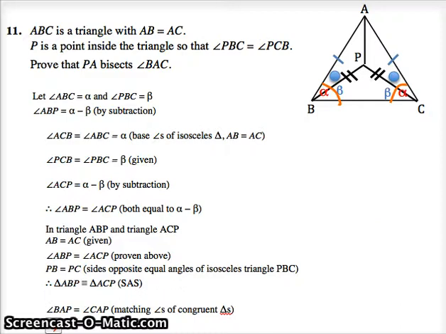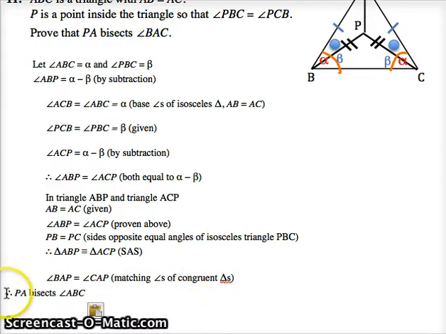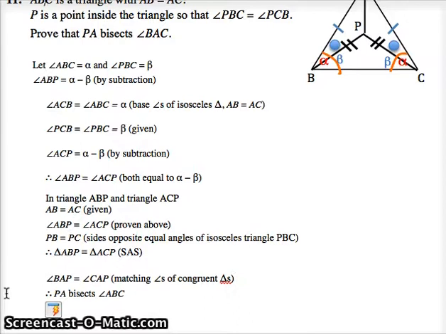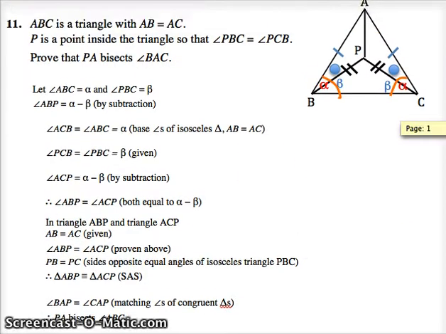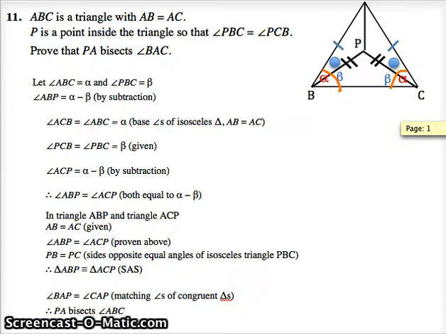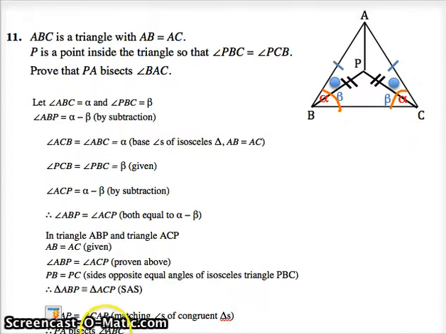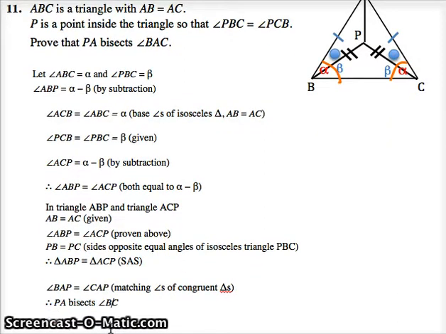And hence, because of that, we can now say, therefore, that line PA bisects angle BAC. Okay, and that's the end of this proof.